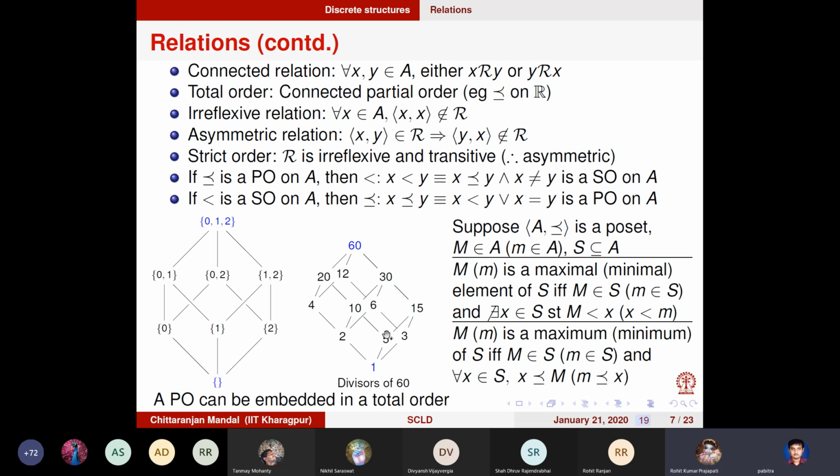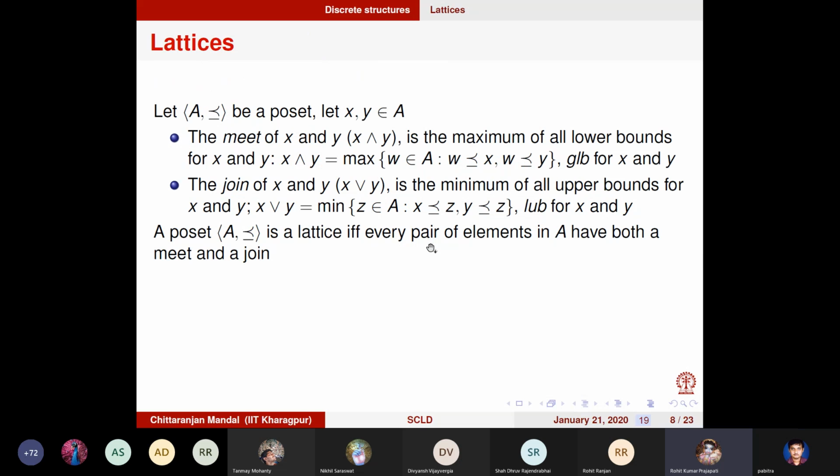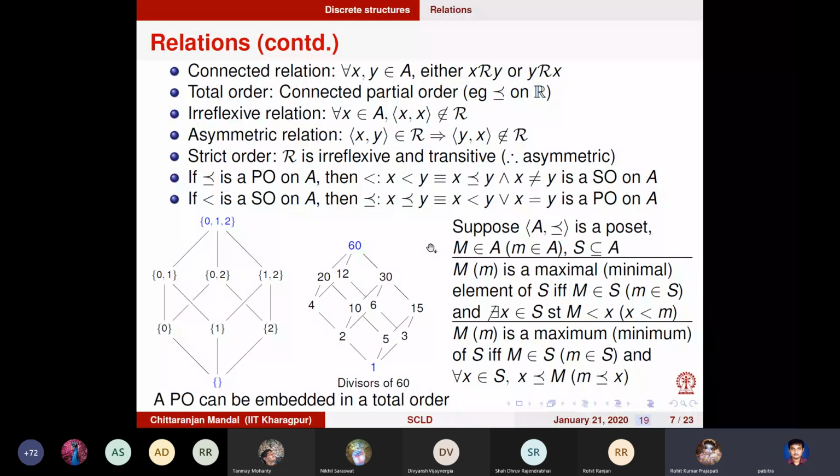Okay, so let us come to this picture. So suppose you take 12 and 30. What is the lower bound set of 12 and 30? Note that you have the less than equal to relation. 1, 2, 6, 3. If you take 12 and 30, you leave out 4 and 15. Why are you leaving out 4 and 15?